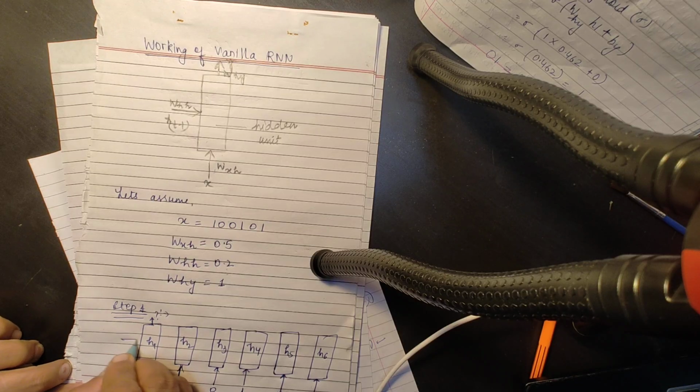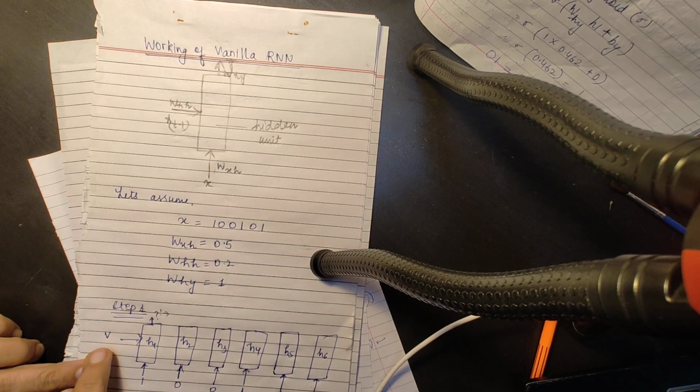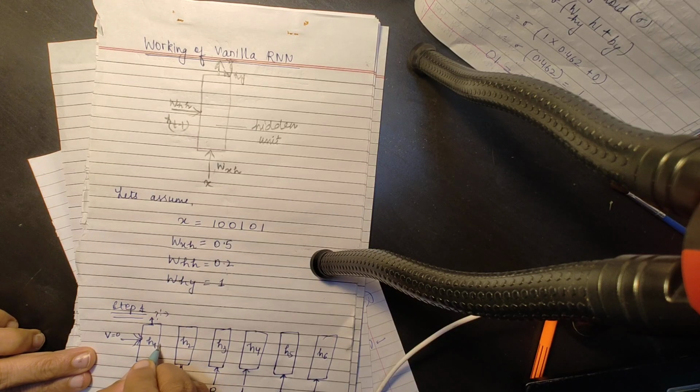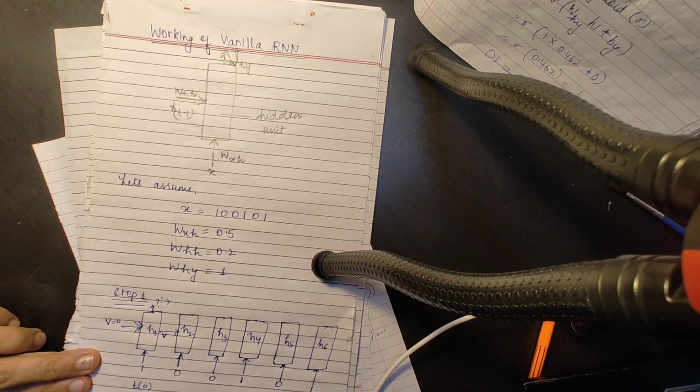This is how the input is given to the RNN model. Here vector v will store the output of the previous unit. Initially it should be equal to 0. Then we will have the output of H1.